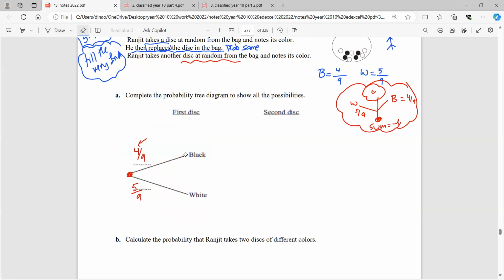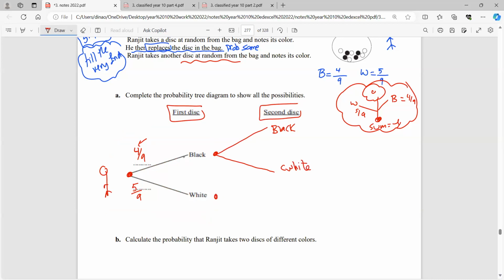Now, as you can see, this is the first disc. So for his first choice he will choose either black or white. Let's assume he chose black. What will be the options for the second choice? So I will create another tree over here with the same colors, black and white.